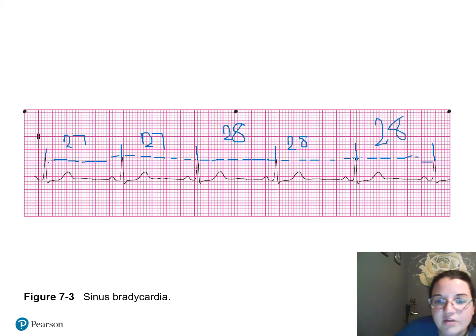So I'm only one box away from 27 and 28. So my regularity is going to be regular because it is constant. It's the same number within one or two boxes of each other.